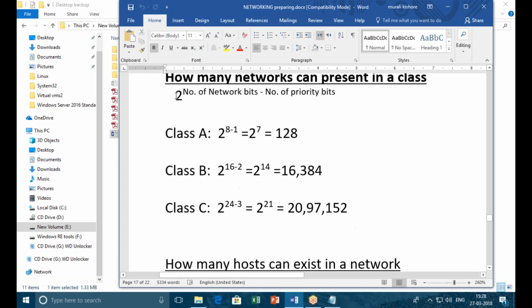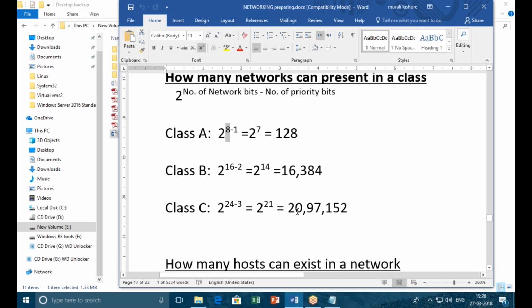For class A, you have only the first octet as the network ID. An octet means 8 bits, so the number of bits is 8. Number of priority bits: for class A you take only 0 as the priority bit, meaning only 1 bit. It will be 8 minus 1, 2 power 7.